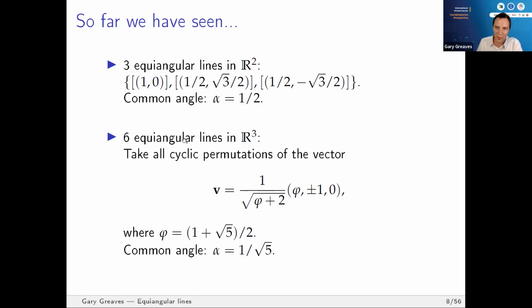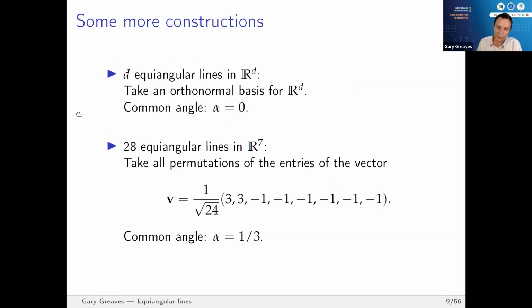Now let me show you some other constructions. This construction at the top is a general construction in any dimension. I'm going to show you how you can get D equiangular lines in D-dimensional space. And it's very easy. You simply take an orthonormal basis for your D-dimensional space.